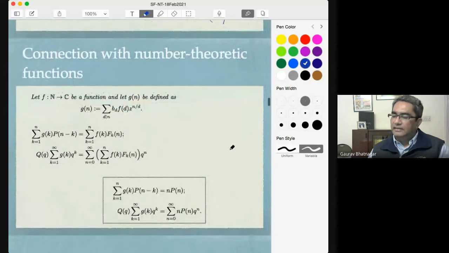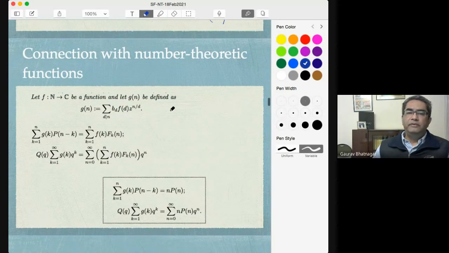Okay, and this is the connection with the number theory thing. So remember what we did in Ramanujan's case, we multiplied by 1, 2, up till n with the PFE matrix. So this was P0 to Pn minus 1. And then I got 1 times F1 and 2 times F2 and so on.